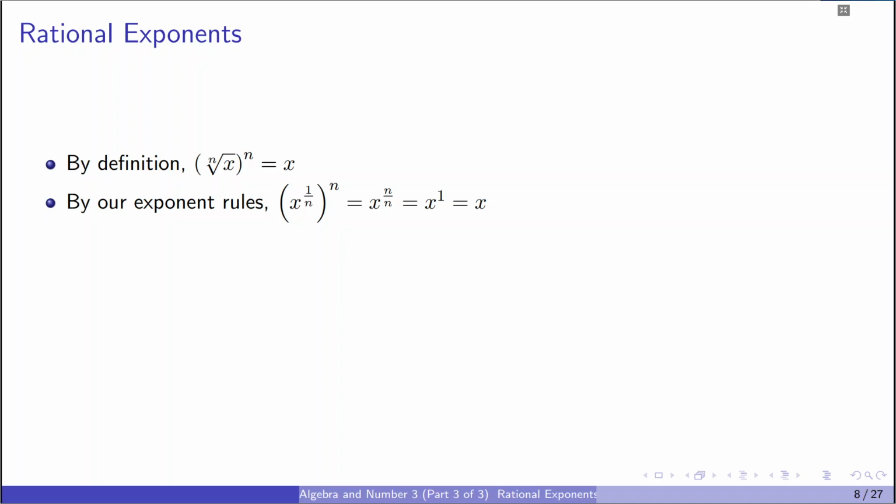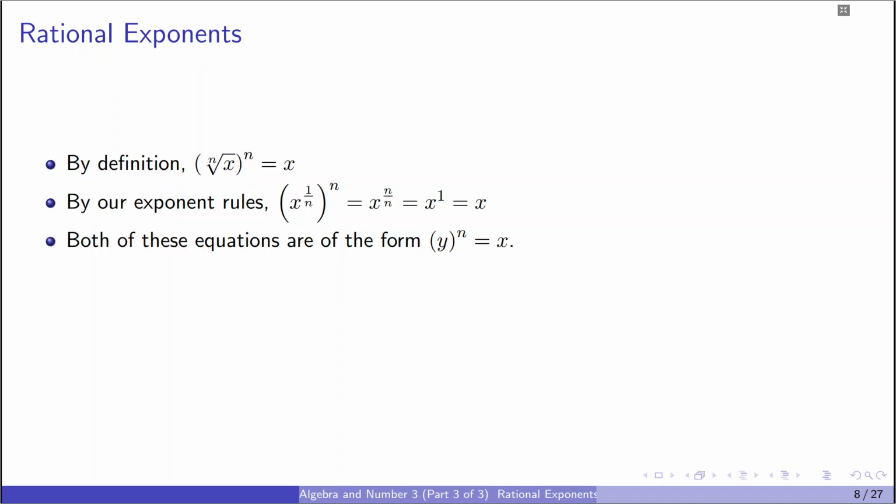Our exponent rules also say if we have an exponent of an exponent, then it's multiplied together. So x to the 1 over n, to the n, becomes x to the n over n, which is x to the 1, that's x. Well, notice here we both have something in brackets to the exponent n equals x, with no real restrictions on what x and n are.